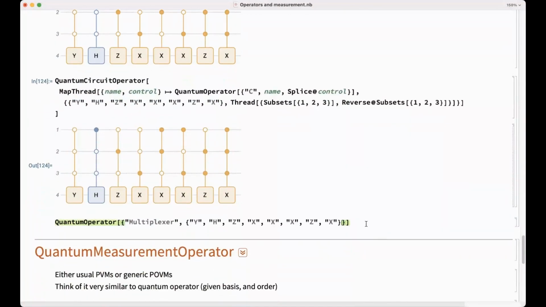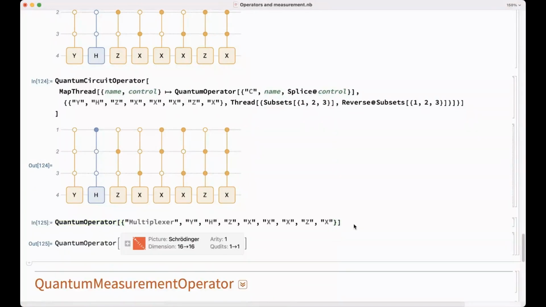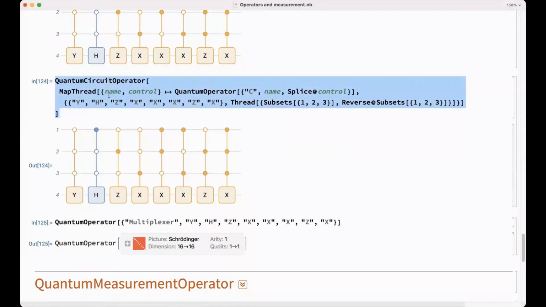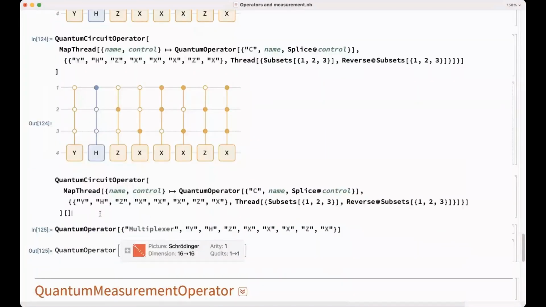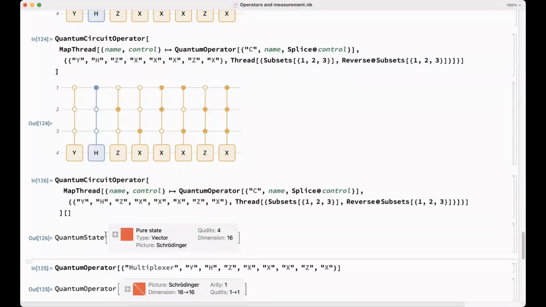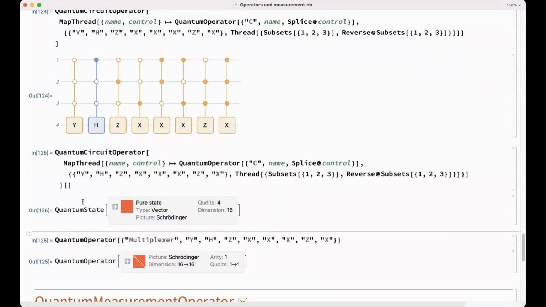I guess we should kill the list if I remember that correctly. This operator is exactly the one that you see above, just after compiling it into a single circuit operator. Ask for the circuit operator. Okay, right.